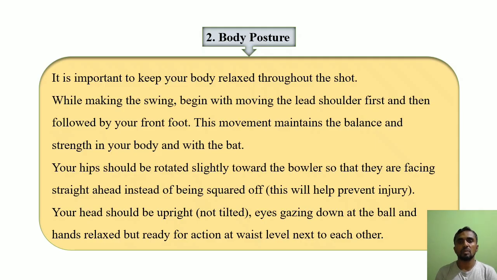This movement maintains the balance and straightness in your body and with the bat. Your hips should be rotated slightly towards the bowler so that they are facing straight ahead instead of being squared up. This will help prevent injury.